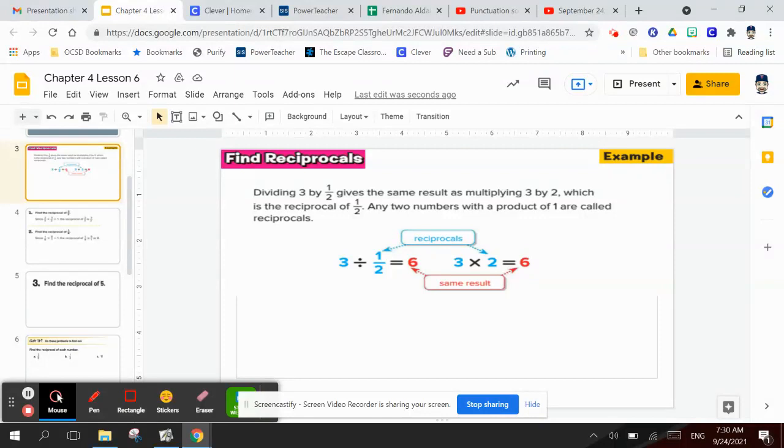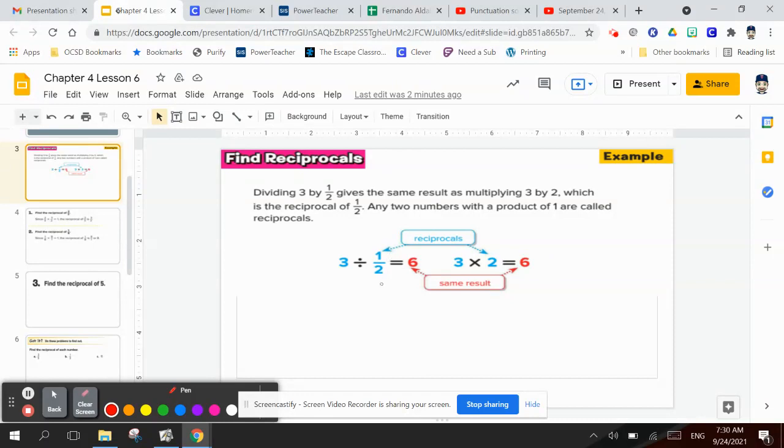So, finding reciprocals. Dividing 3 by 1/2 gives the same result as multiplying 3 by 2, which is called the reciprocal of 1/2. Any two numbers with a product of 1 are called reciprocals.